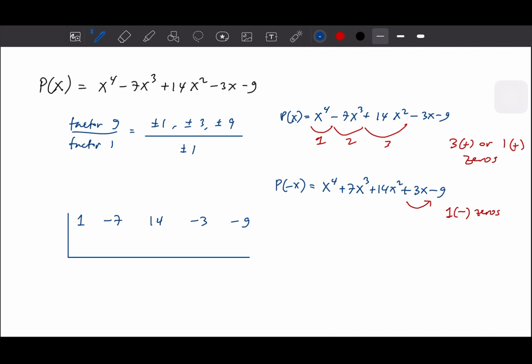So let's say we have 1. Okay, I think it's not 0, so let's change again. So let's change to 3.